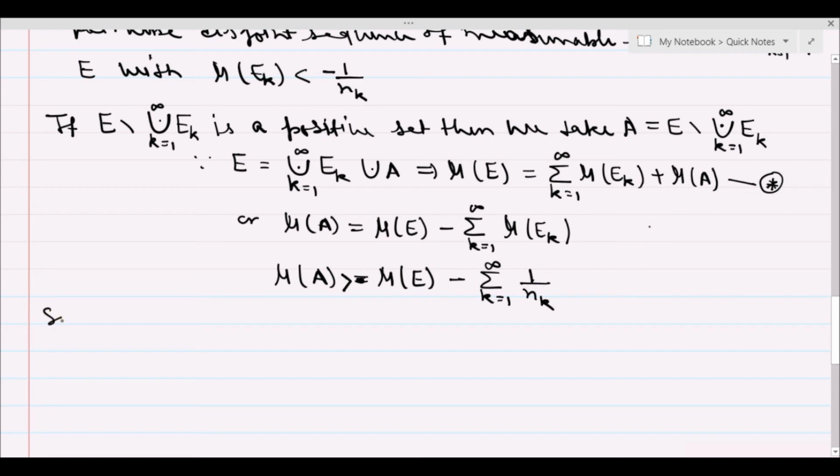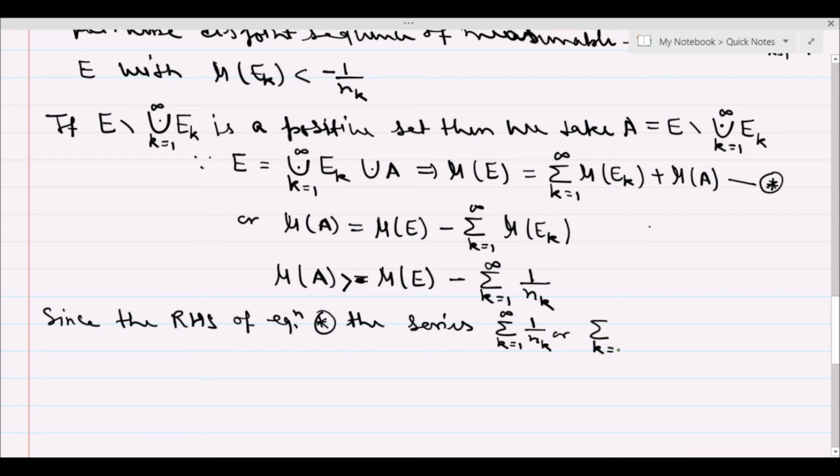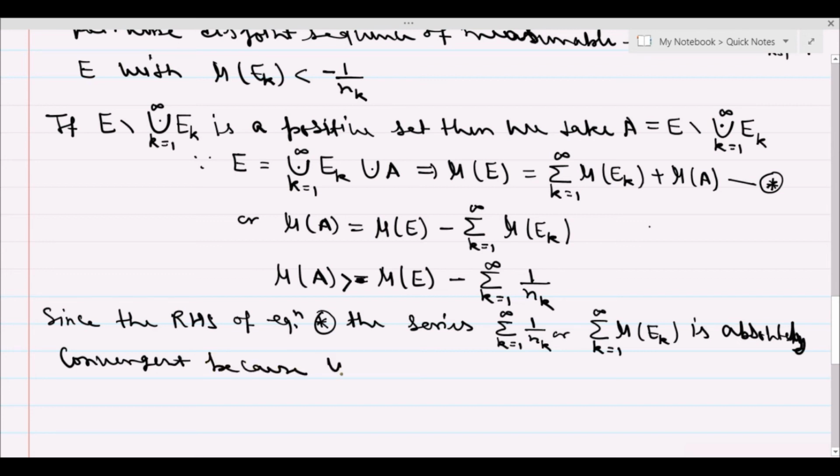Okay, since the right hand side of equation star, the series summation k is equal to 1 to infinity 1 upon nk, or it is written as summation k is equal to 1 to infinity mu of ek, is absolutely convergent, because mu of E is finite.